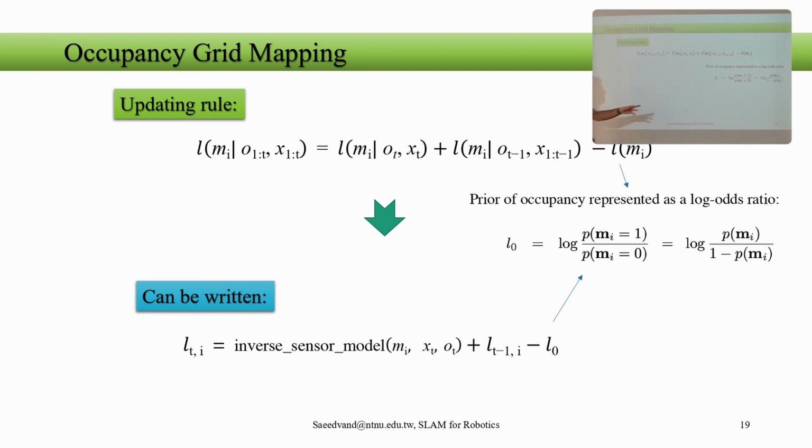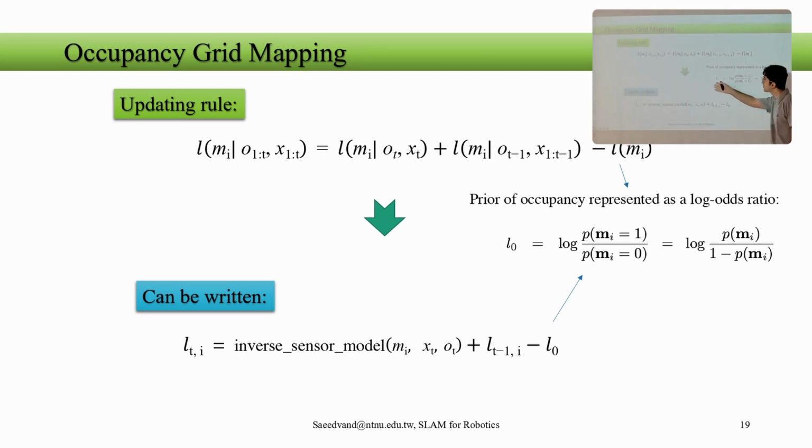Here you can see that the L of the logarithm of mi, for each one of the grid cells, is the probability of the occupancy represented by the log-odd ratio that we've already seen, the logarithm of the map being occupied or not occupied, also written in the same form, so that we can consider this L of mi also represented as L0, because it is referring to the prior of the map that we have.